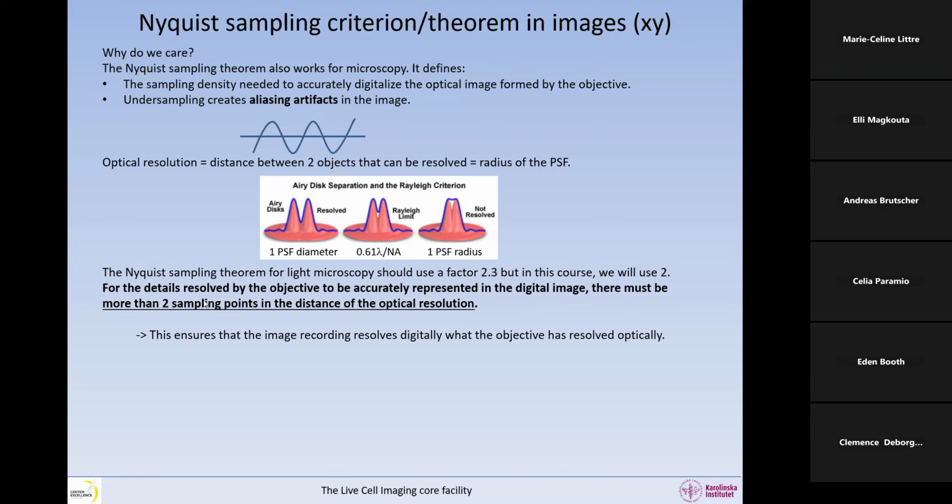So having 2 sampling points with this optical resolution distance ensures that the image recording resolves digitally what the objective has resolved optically. I often say, imagine that you buy a super duper Blu-ray. Nobody buys Blu-ray discs anymore, right?